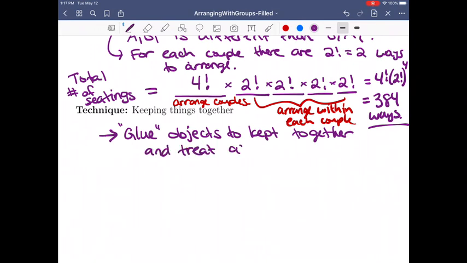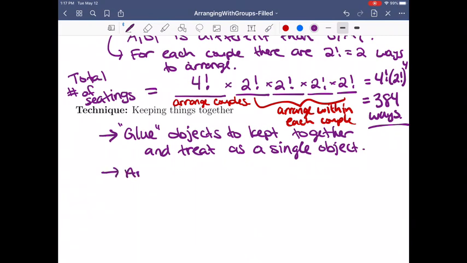Treat as a single object. So in our example above, we had a few different objects that needed to be glued. So for each one, we treated them as a single object.